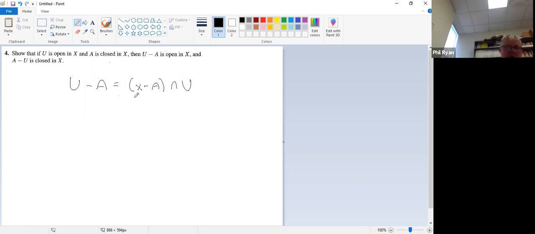So that shows straight away that U minus A is open. And A minus U is X minus U intersected A, and this is the intersection of closed sets. So A minus U itself is closed in X. So that's pretty straightforward.